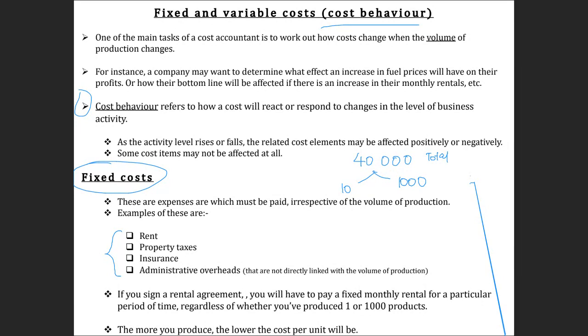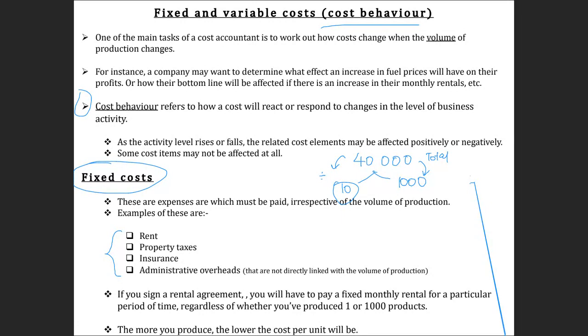So if we're producing 10 units only, we're basically saying take this 40,000 and spread it over the 10 units that are being produced. Whereas here, if we're producing 1,000 units, sorry, I was supposed to write 100,000, but it's fine. If we're producing 1,000 units, we're now taking the same 40,000 Rand, and instead of just spreading it over 10 units, we're now spreading it over 1,000 units.